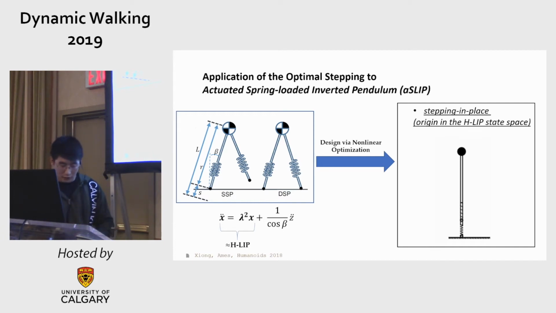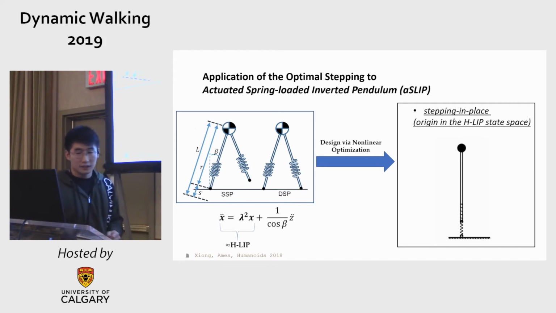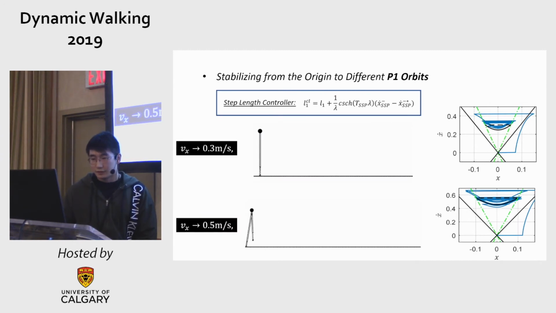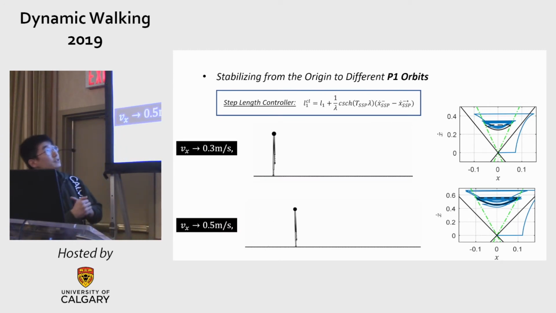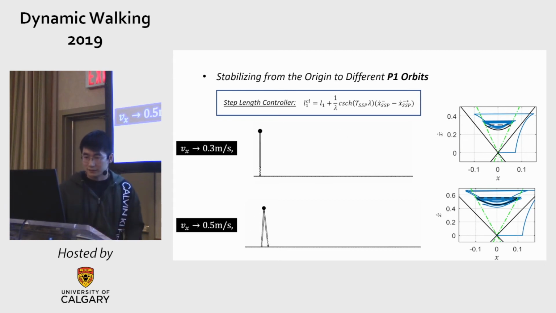So I use trajectory optimization to generate a leg oscillation. This is stepping in place, and this corresponds to the origin in the linear inverted pendulum state space, right? And I can use the stepping controller, which is closed form, right? There is nothing to tune, and it steers the system to any velocity I want, as long as it is feasible, since the step length is limited.